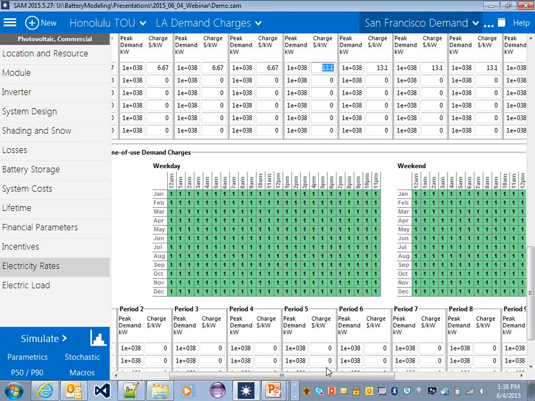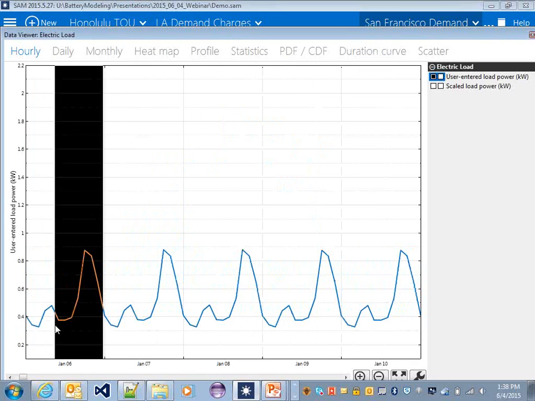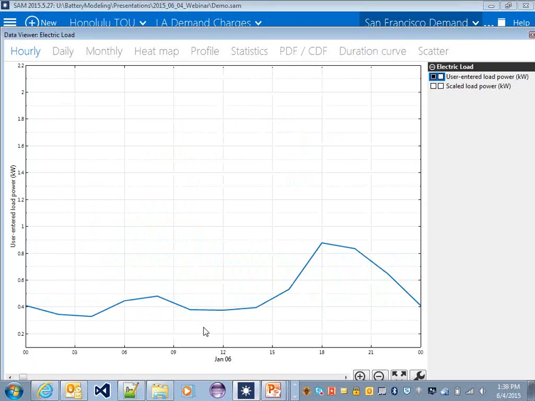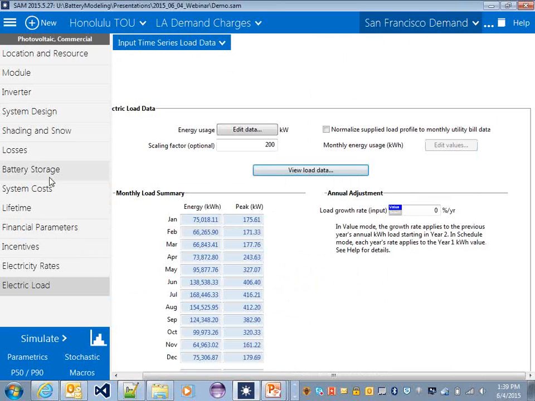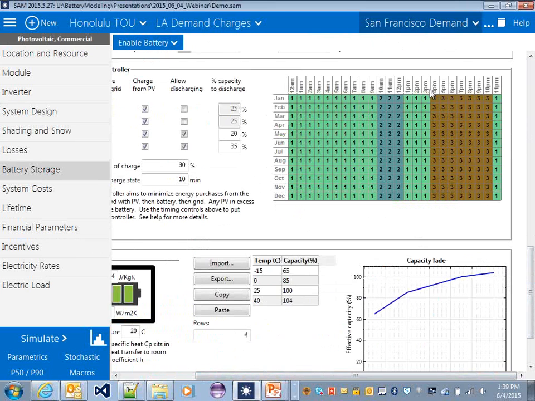Unfortunately, right now there's no automated way to guarantee that you're always going to have the battery capacity to shave that. So in this scenario, I know that the load profile over a day looks like a small morning peak with a large evening peak. And so I've tailored the dispatch to discharge over that long period of time in the afternoon where there's the potential to be peak demand.